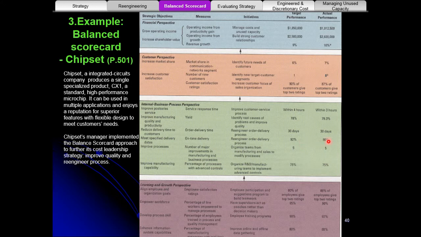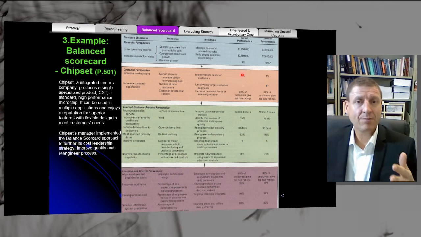You with me? So we're always comparing the actual with a budgeted number, but because it's non-financial performance measures, we tend to keep our reference to a particular target. We don't normally make reference to non-financial measures as a budget. With financial measures, we talk about budgets here. So there's the example of a balanced scorecard for Chipset.